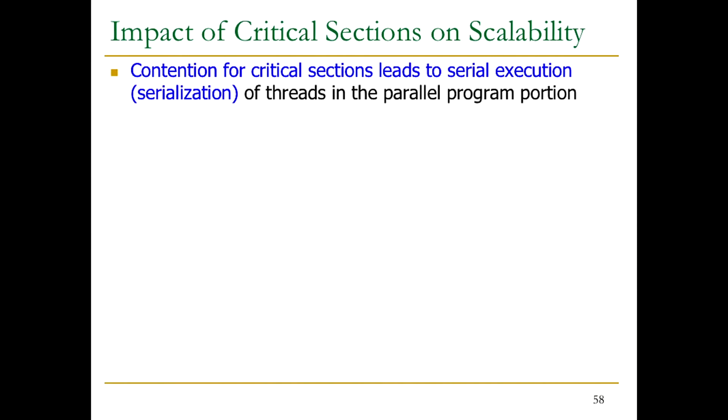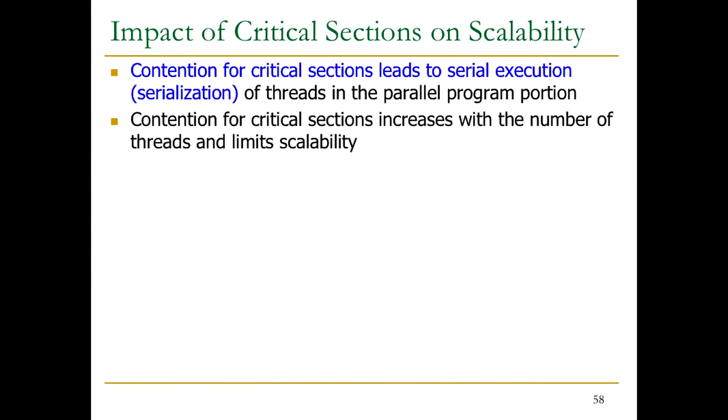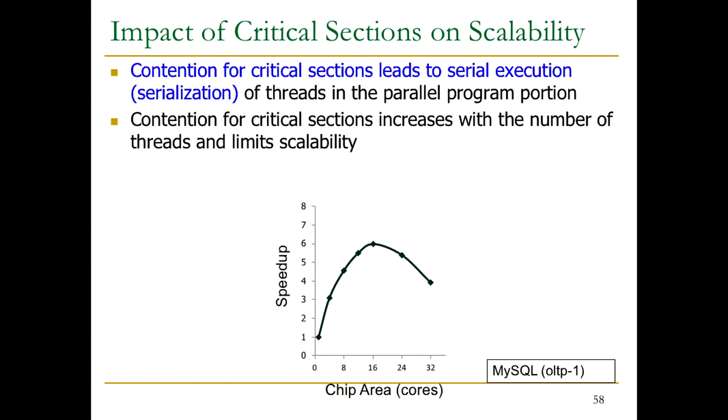Okay, so contention for critical sections leads to serial execution in the parallel program portion. And this increases with the number of threads and limits scalability. So with MySQL, as I showed you earlier, this is data from this paper actually. That's what you get. And it keeps going down significantly. Now, this is not the only effect, critical section. There's also resource contention, load imbalance, everything else that starts accumulating. As a result, you get this kind of bad curve.